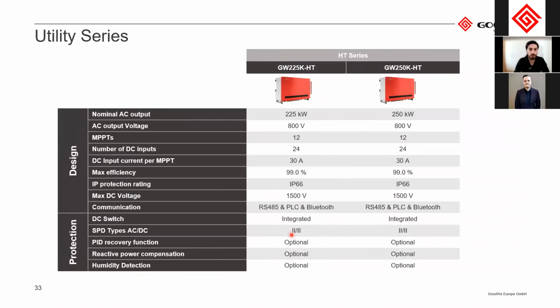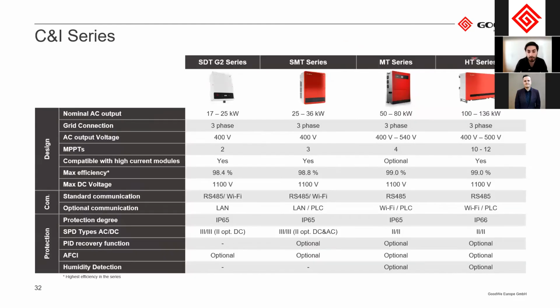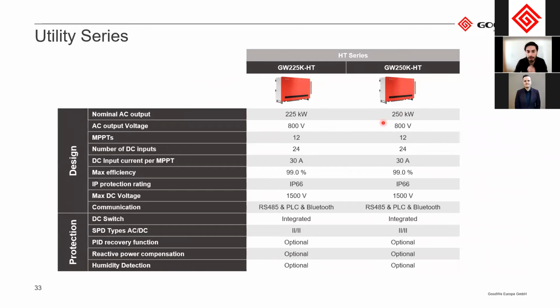Here shortly is also our utility series, and this is an extension of this one here, as you see, of the HT. It looks the same, but it has a bit different hardware inside. So this is for ground mount systems and goes up to 250 kilowatt. It has a much higher AC output voltage, so you need some kind of transformer station in most cases.